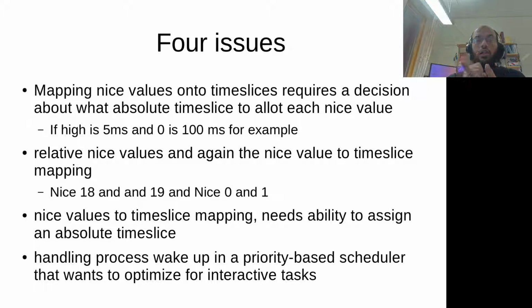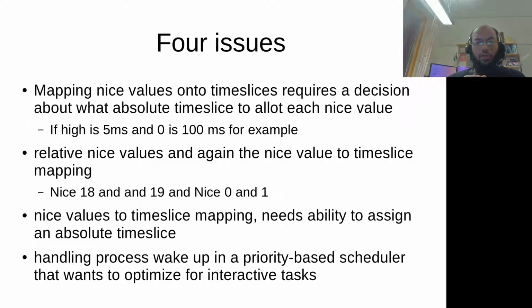There is a problem with mapping the nice values onto time slices, and the problem is quite simple. What does it mean to be at a priority 0, and what does it mean to be at a priority 19?